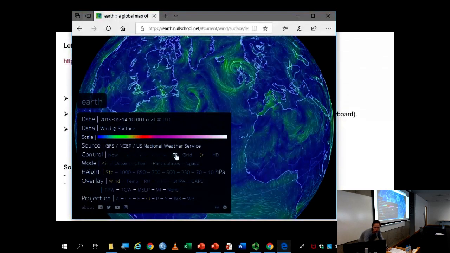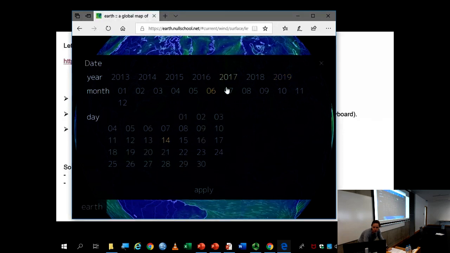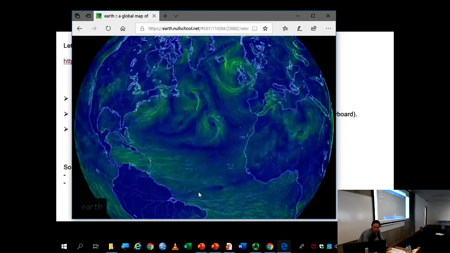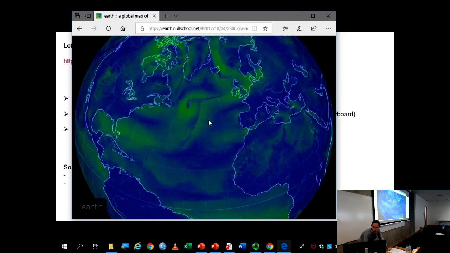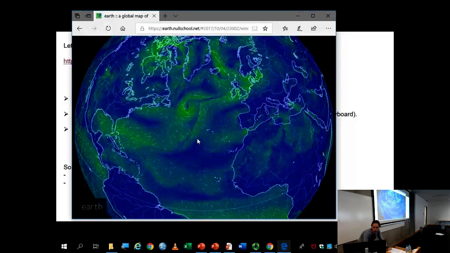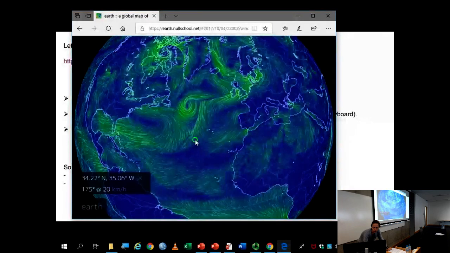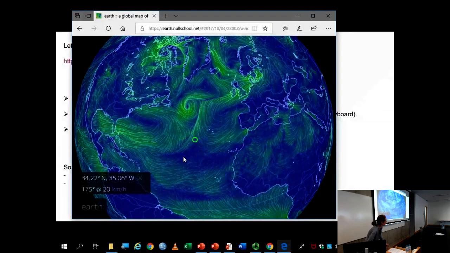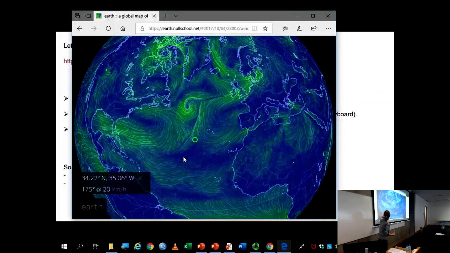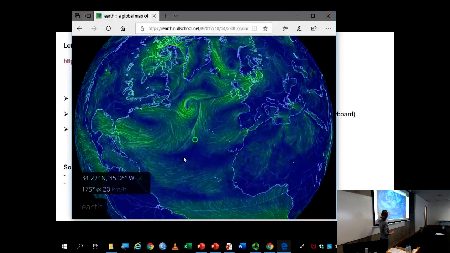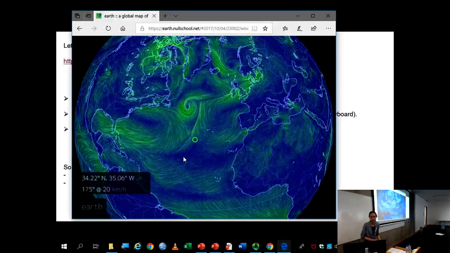You go to the little calendar, we go to 2017, go to October, and I'll start, let's say, on the 5th of October. Okay, apply. You can also click on it, and you can start to actually see values coming up. It says the direction of the wind and how fast it's going.